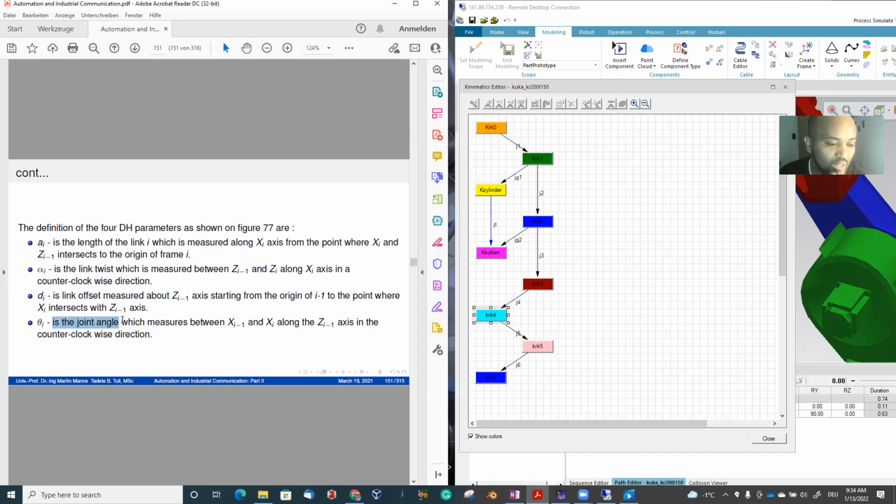Theta 4 is the joint angle, which is measured between X3 and X4 about the Z3 axis in the counterclockwise direction. So this is how you define it.